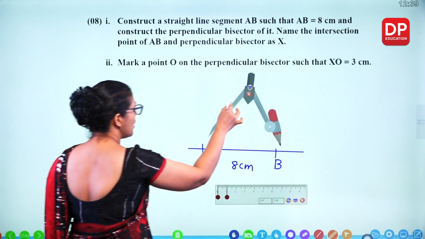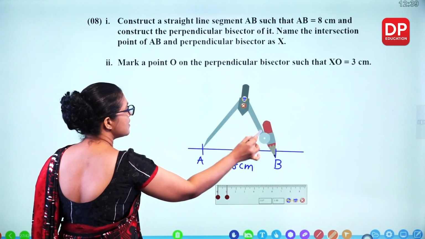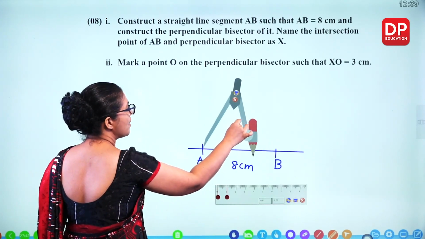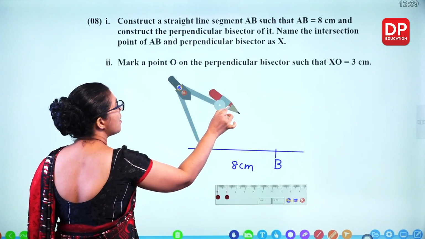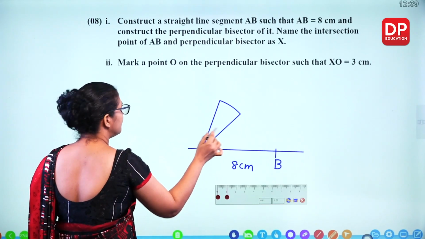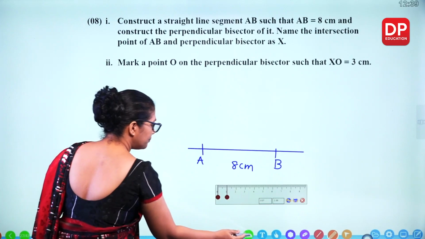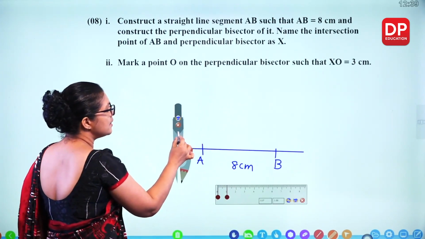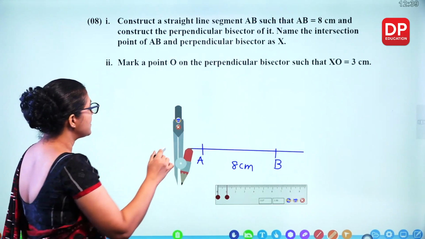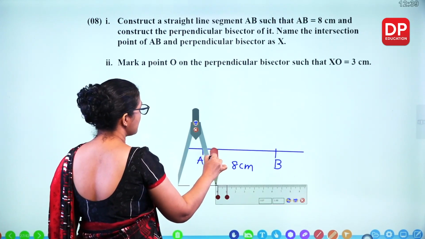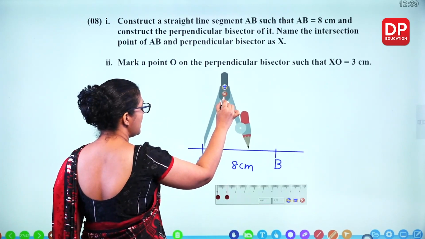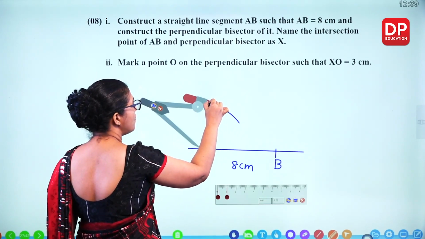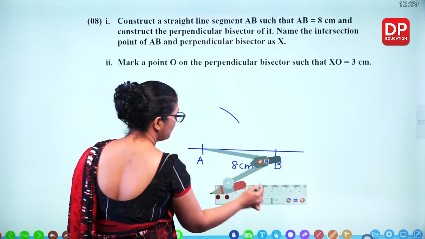How do we draw a perpendicular bisector? You take a certain distance more than half the length of AB. Draw an arc above and below.